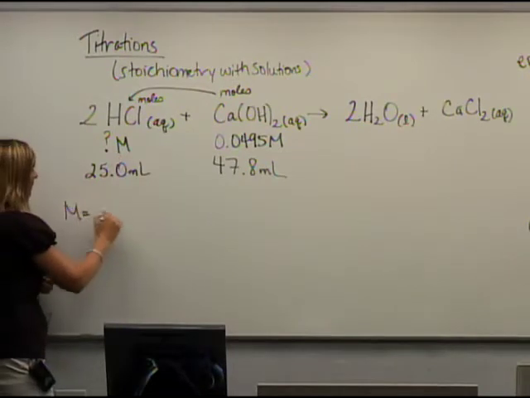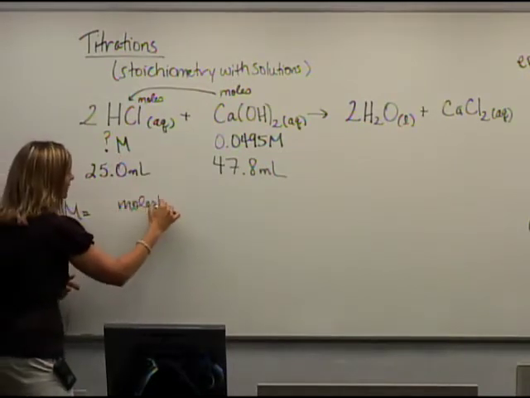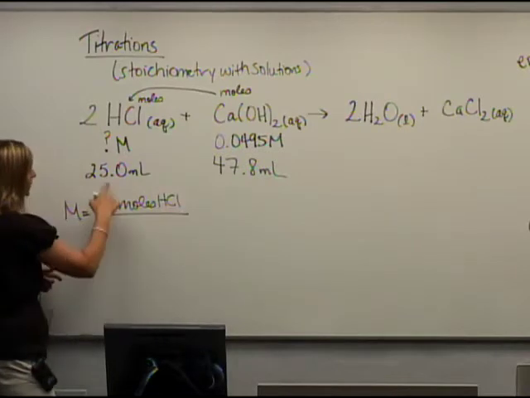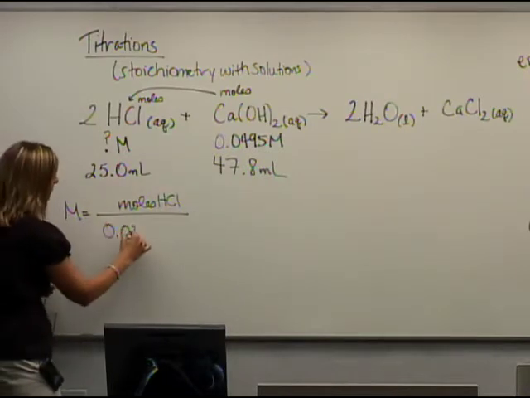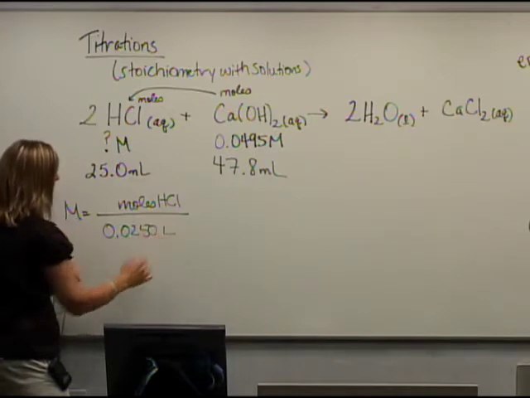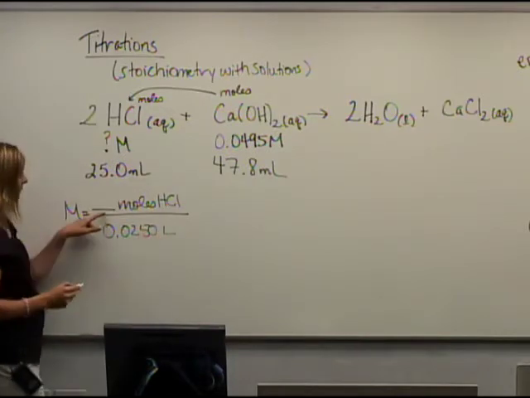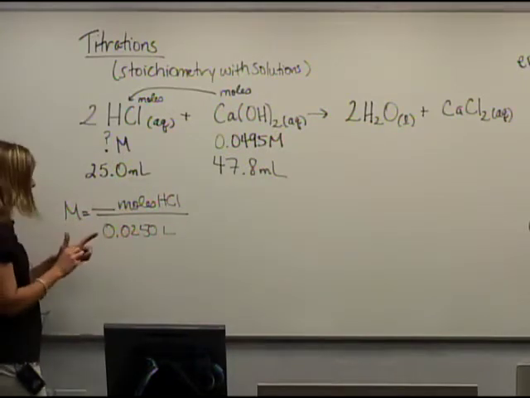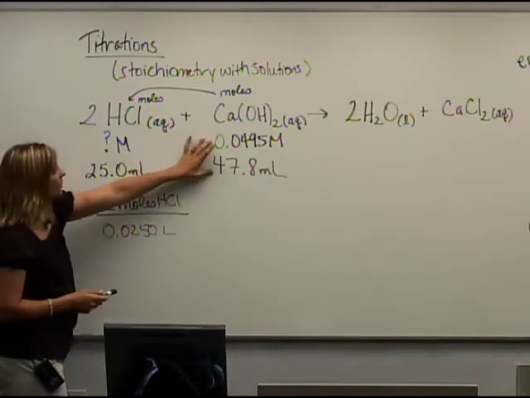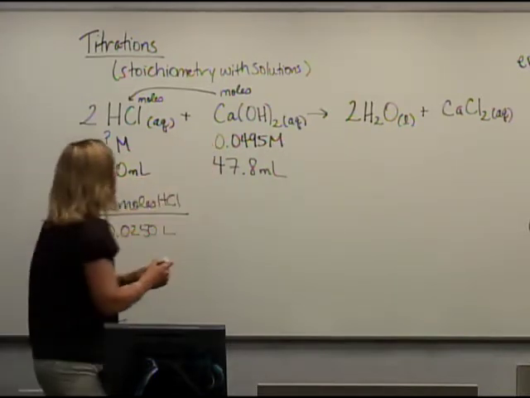I am looking for the moles of HCl that are contained in the 0.025 liters of that solution. So I'm trying to fill in this blank so I can calculate the molarity. And I can do that starting with these pieces of information here.